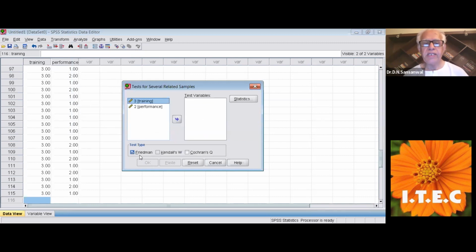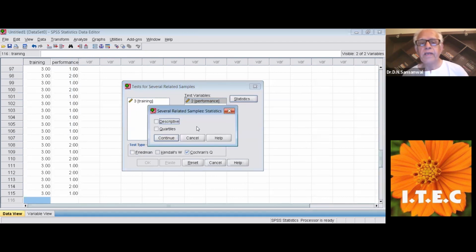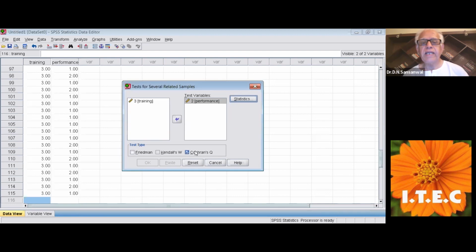And here you can say here is a Friedman, here is Kendall's, and this is Cochran Q. So you highlight the Cochran Q. So we don't want anything like that.